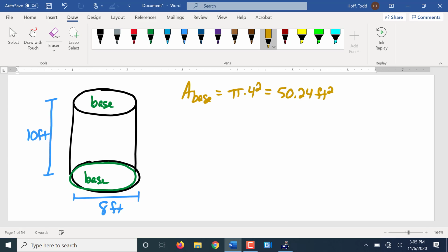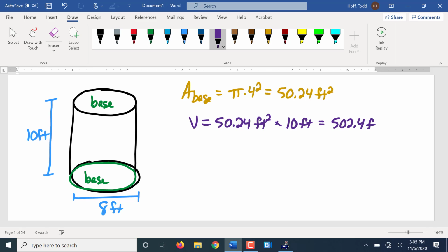Good. So the volume will be the area of that base times the height of 10, 502.4 cubic feet.